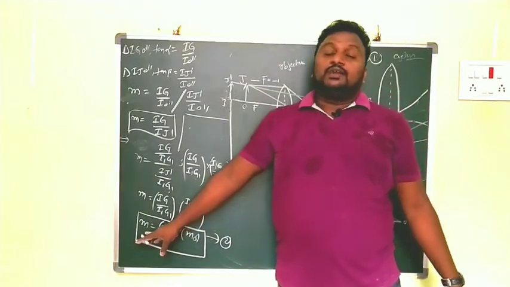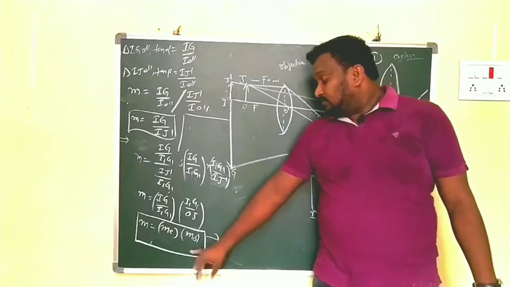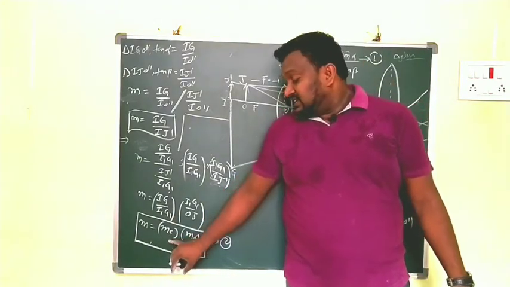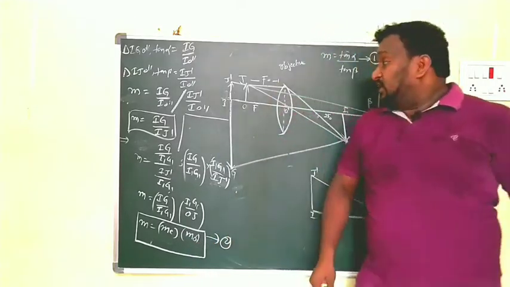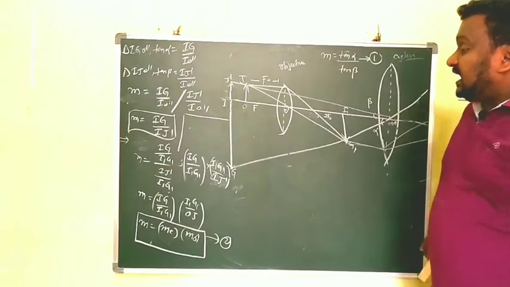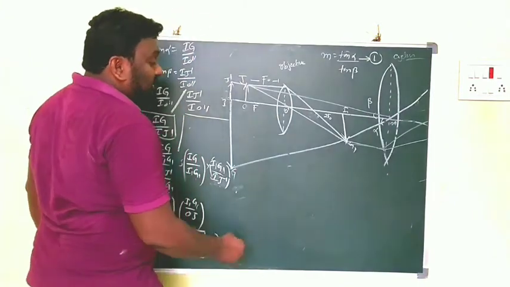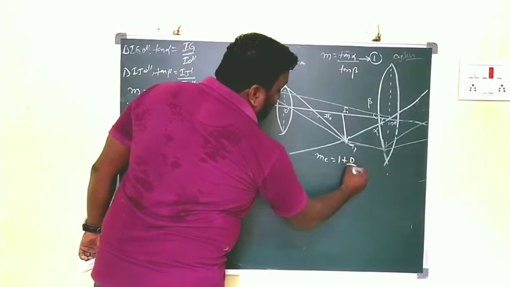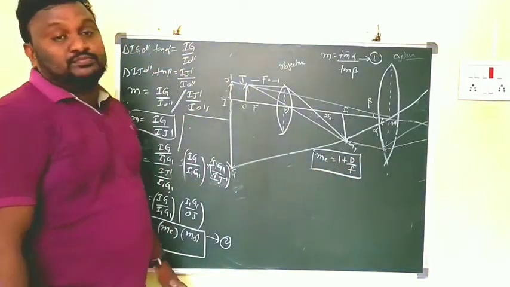From that equation, what have we defined? The magnifying power of a compound microscope is nothing but the product of the magnifying power of the eye lens and the magnifying power of the object lens. I already told you the eye lens can be treated as a simple microscope. That's why we already know that M E is equals to 1 plus D by F. We already proved it for the simple microscope.